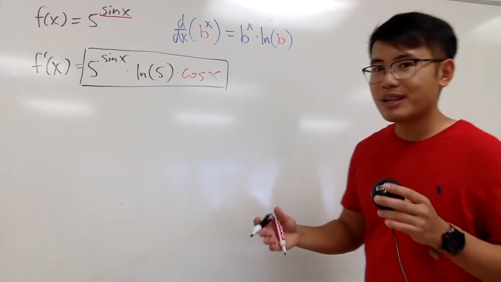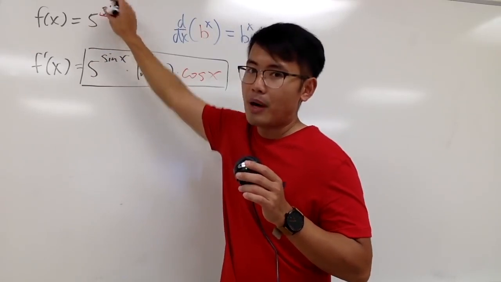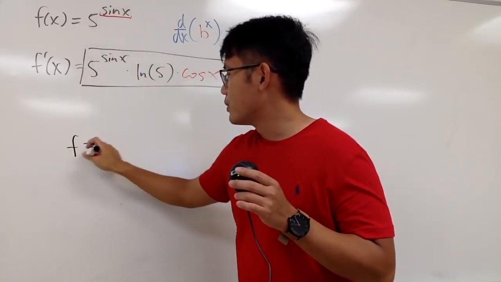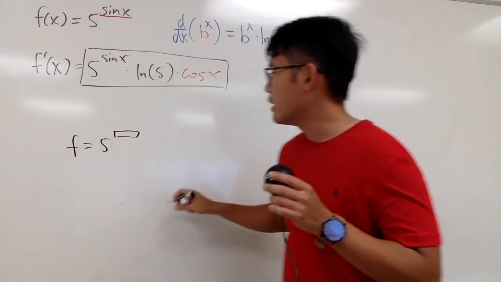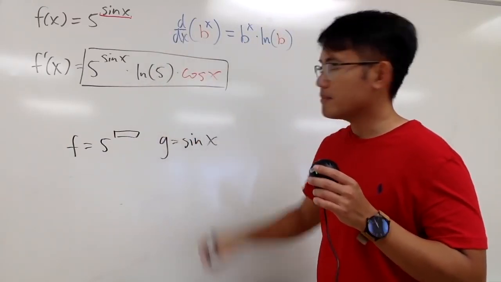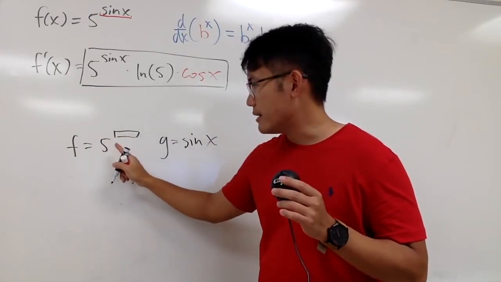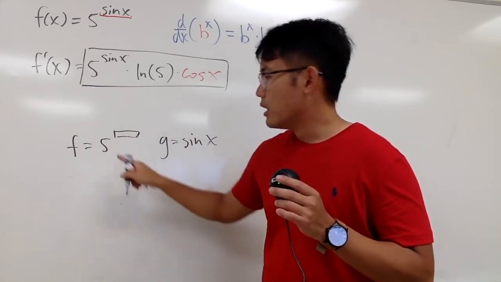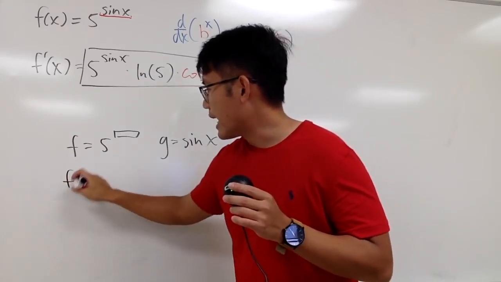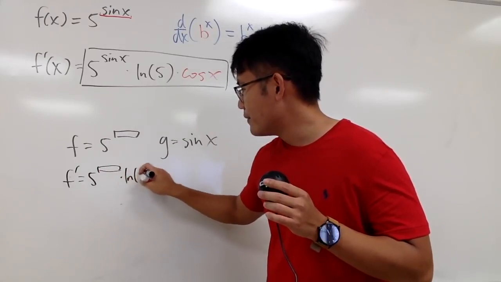And I will also show you guys the memory device real quick. So the 5 to the some power, I will write it down as 5 to the box power. And then the g function is the sine x. And you see, when you have this form, 5 is the base, and the base is a constant. 5 to this power, the derivative for that is 5 to the box times ln 5.